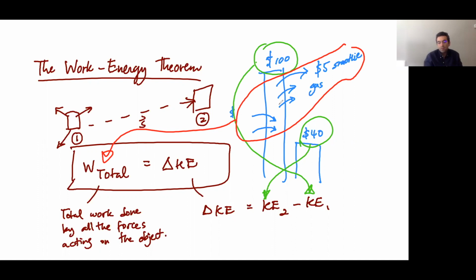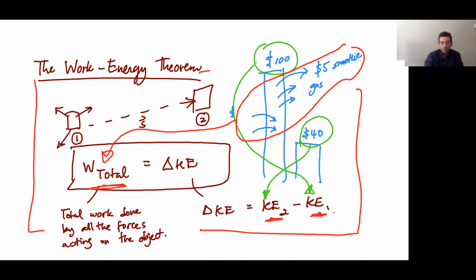They keep adding to the account or taking away from the account. And that's equal to the change in the balance. What did I have at the beginning and what do I have at the end? The difference between them, that's what happened in the middle. That's called the work energy theorem. And all it says is that the total work done on an object as it's being displaced from situation 1 to situation 2 is equal to the change in the kinetic energy from situation 1 to situation 2.